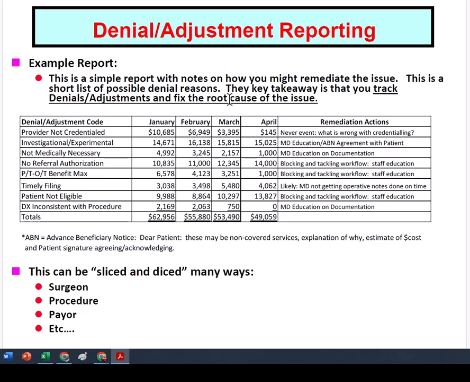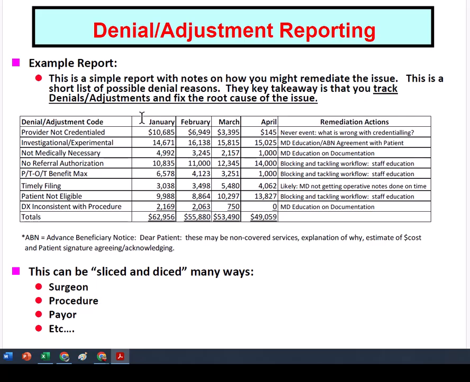So in other words, every month, when I was actively managing this, I would get a copy of the denials, the dollar volume of the denials we got based on the adjustment code from the payer.